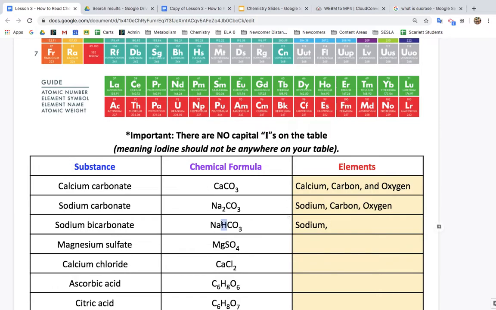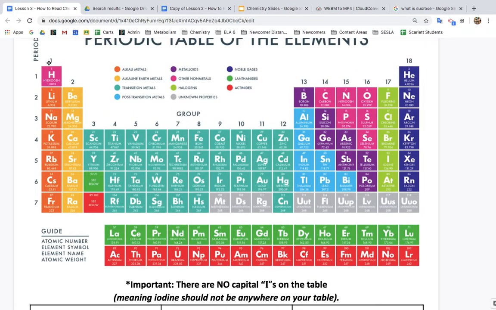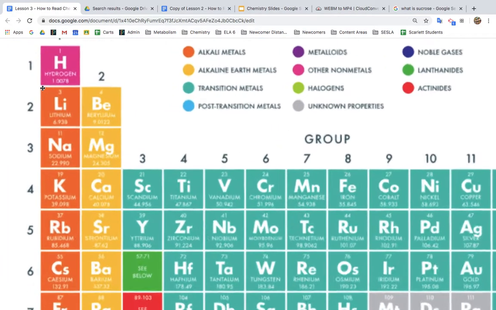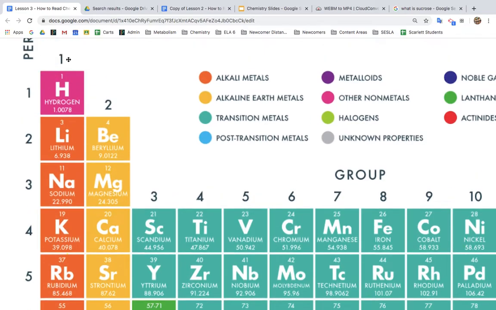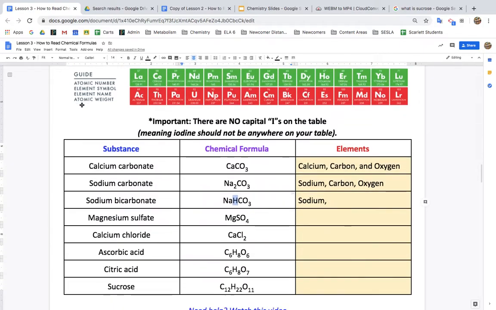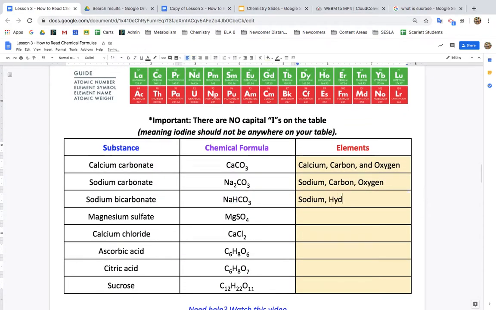Next comes H. I know that the H is separate from the C because they're both capital. H. So let me see if we can find H in our periodic table. Here it is. H. It stands for hydrogen. So I'm going to write hydrogen.